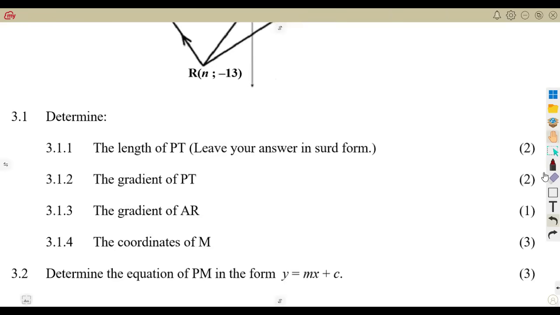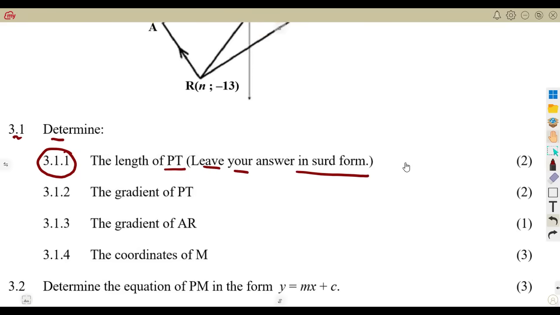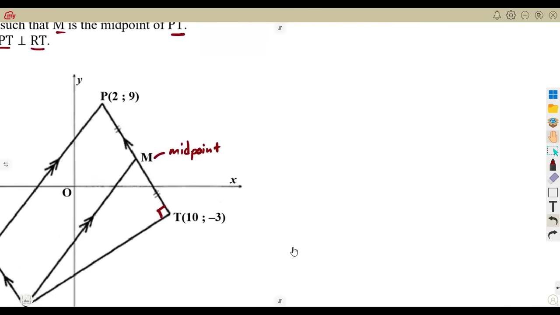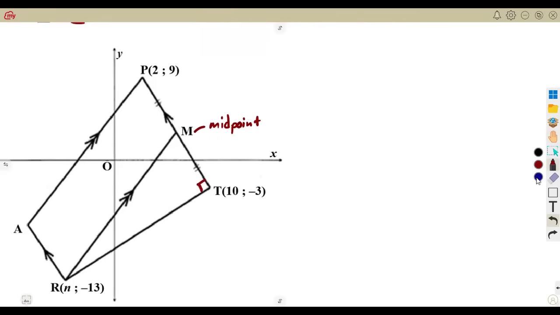The first question, on 3.1.1, was to determine the length of PT. Leave your answer in surd form. Leave your answer under the square root, the length of PT. So according to the diagram that we are given, we can see this is our P and that's our T from the line PT.